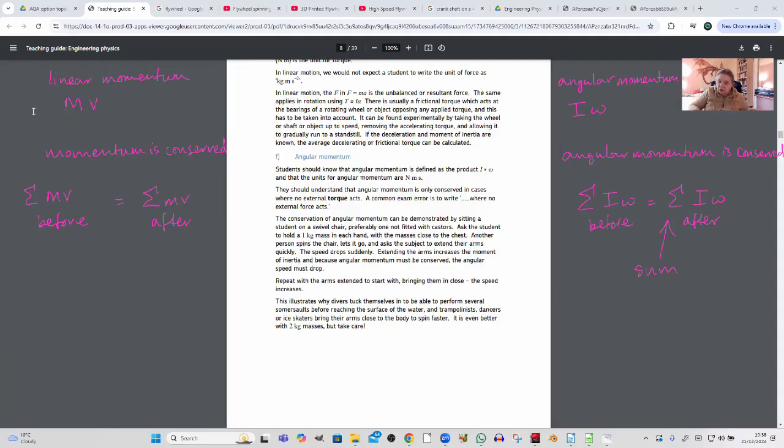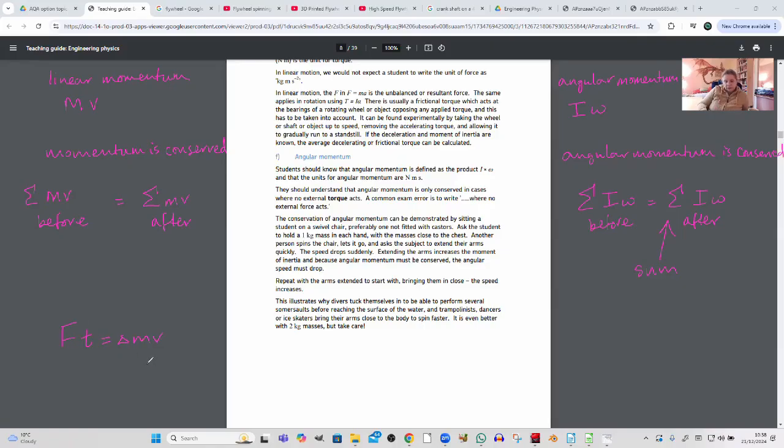Okay, so if we read what it says, the student should know that the angular momentum is I omega, and the units for angular momentum, remember, you end up with Newton meters seconds. It's a bit like, remember that this equation, that Ft is equal to delta mv.